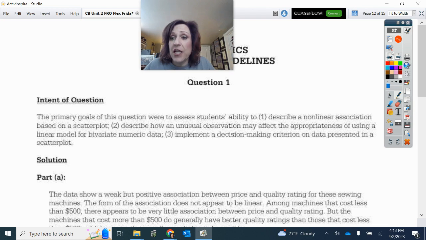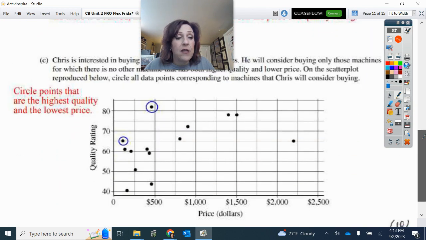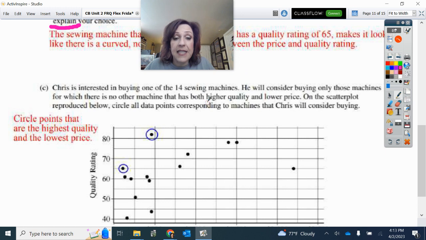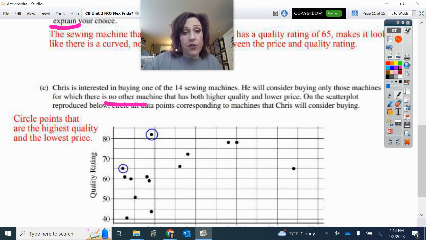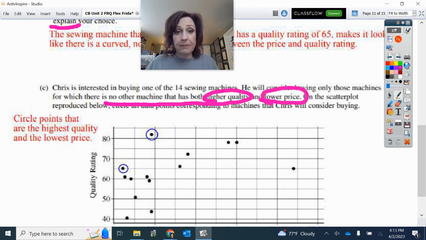The last question asked you to identify the 2 points, because he wanted a machine that was like no other in terms of its quality and its lower price. In my mind, unless you have a singular point that qualifies as both of those things, you're going to have the highest quality one with the lowest price and the lowest price one with the highest quality.